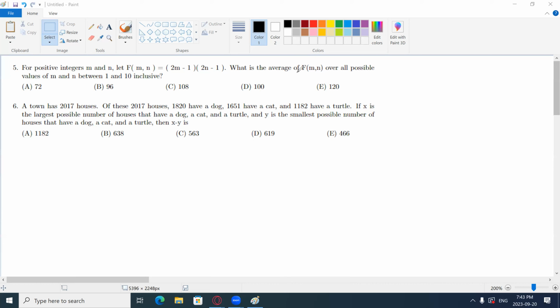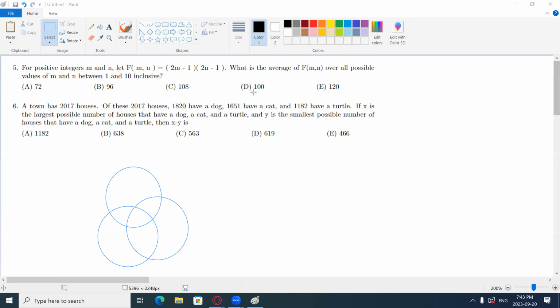So we can draw a Venn diagram, which is what we will use for this question. Okay, so let's say D is dog, C is cat, and T is turtle.